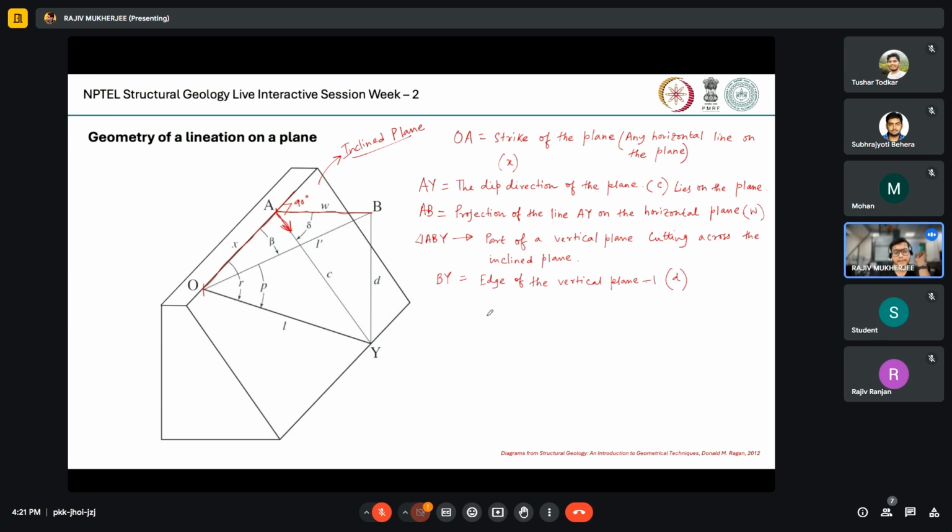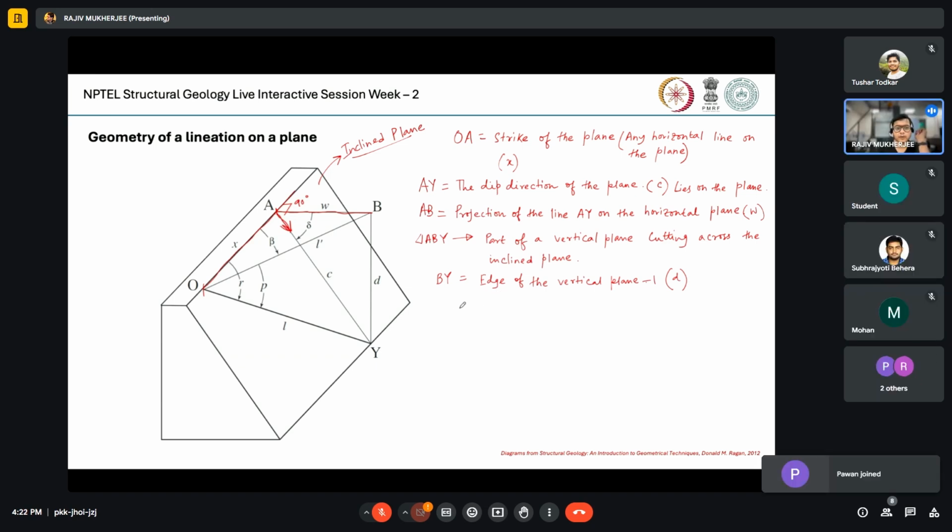Now let's describe the triangle OBY. Okay, so what is OY? Now OY is the lineation that we are trying to find.